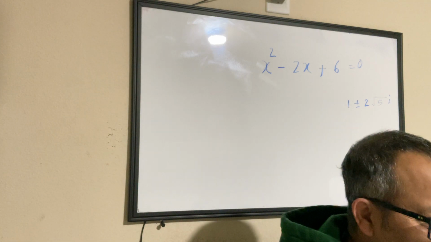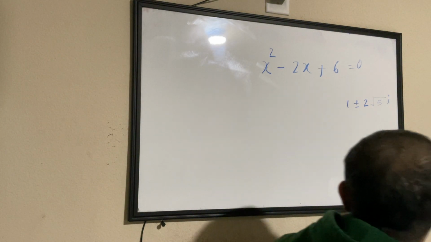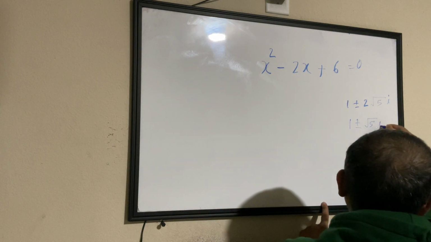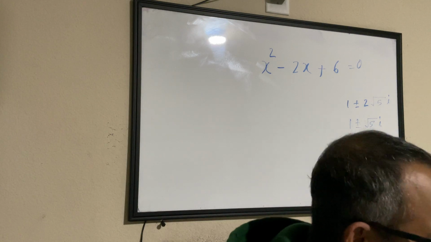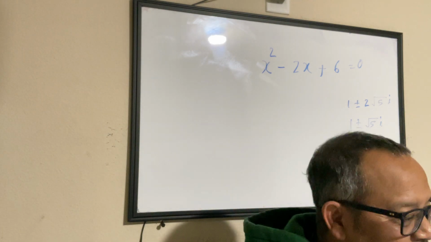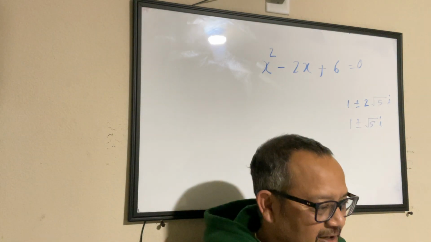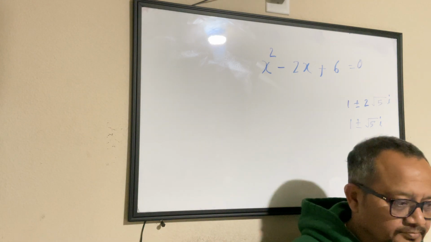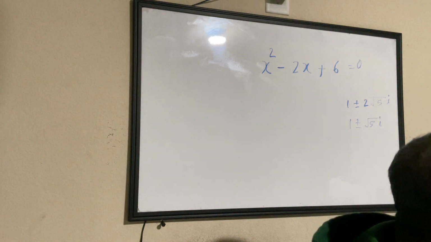I got something slightly different. I got 1 plus minus square root 5i. Okay. Let's see. So that's what I'm saying. Don't get biased. Trust yourself more than anybody else and solve it. Yes, Chris. But actually, I found a mistake. I got the same thing.